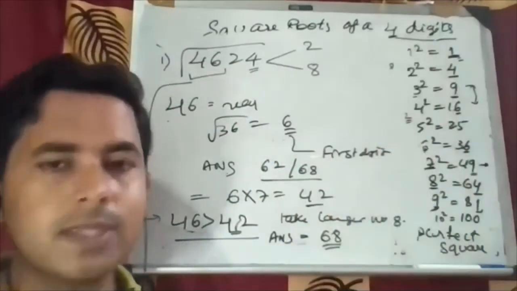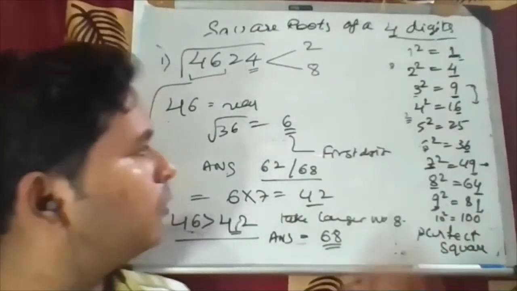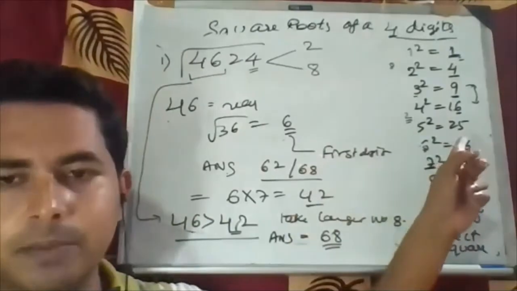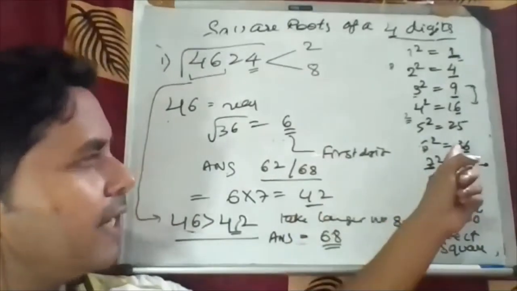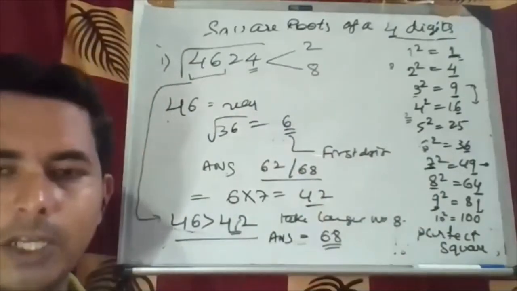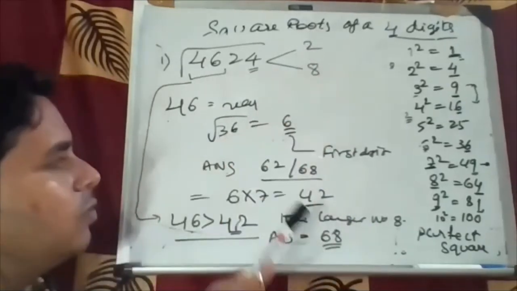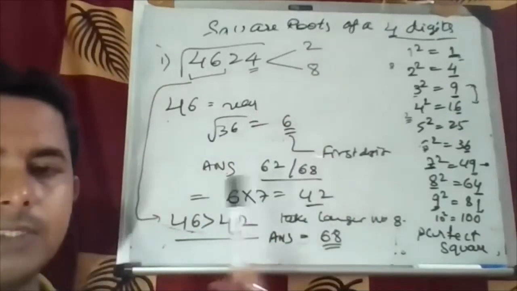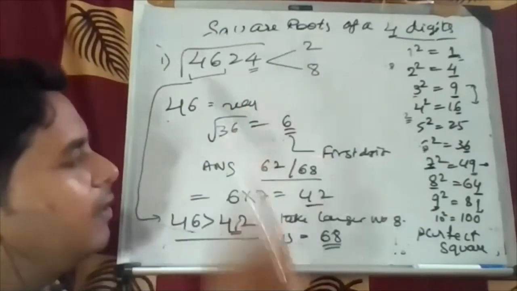Again follow the same table. Find out in which 2-digit table it lies. Consider the smallest number, not the biggest. So it lies in the 36. Its square root is 6, so that will be the first digit. And how to find whether it is 2 or 8? Just 6 into 7 is 42. If 42 is smaller than 46, then take the highest number.